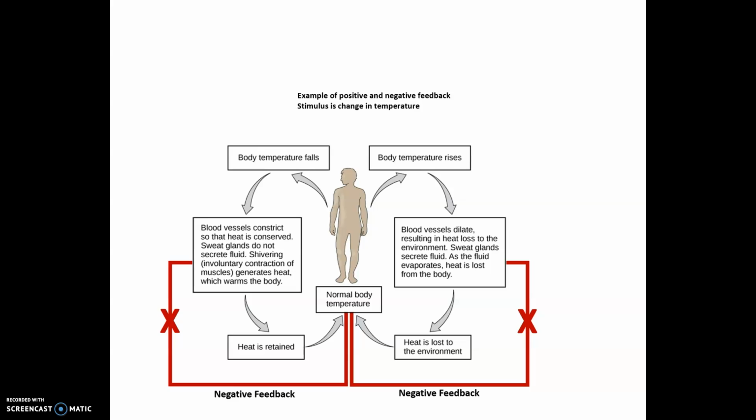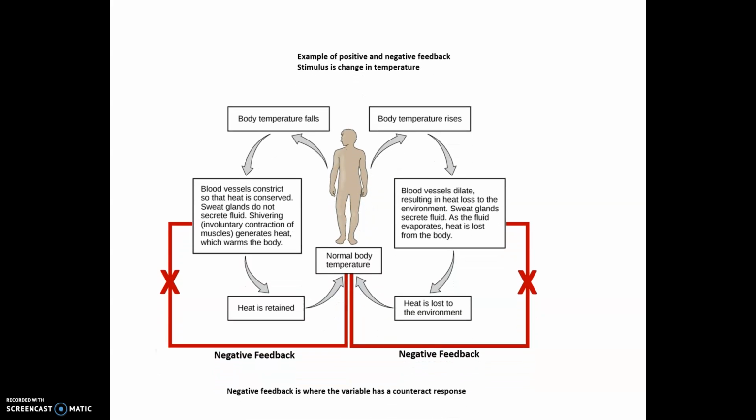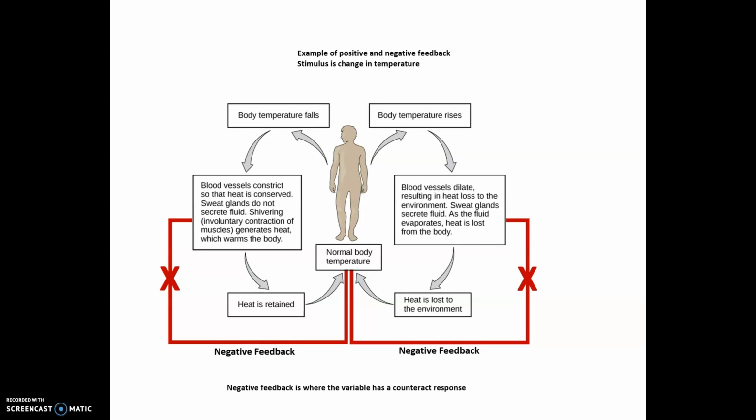Negative feedback is where there is a variable which has a counteracting response. In this example, we're going to look at a change, which is a stimulus, and a stimulus is a change in the environment which gets detected by the receptors. In this particular example, we're looking at body temperature.